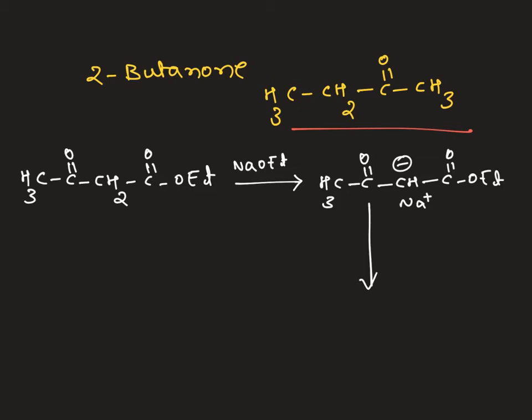We know that three carbons come to the ketone from ethyl acetoacetate. Here I need a four carbon system. So which alkyl halide do I have to use? I have to use methyl bromide, a one carbon halide.